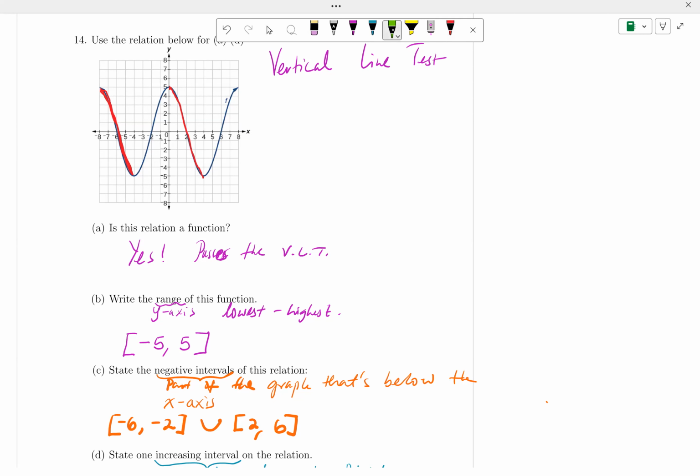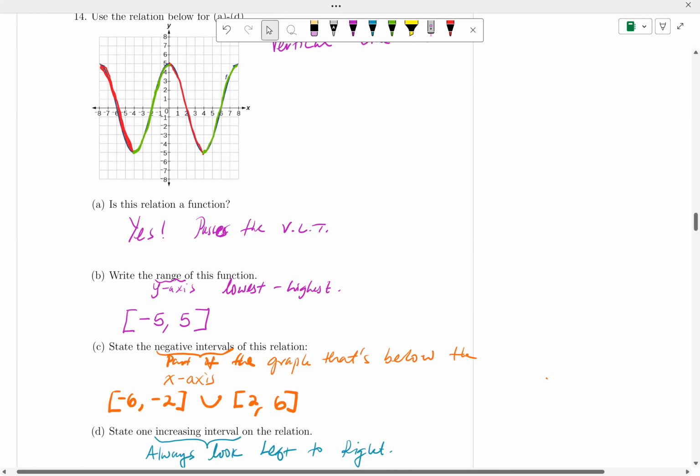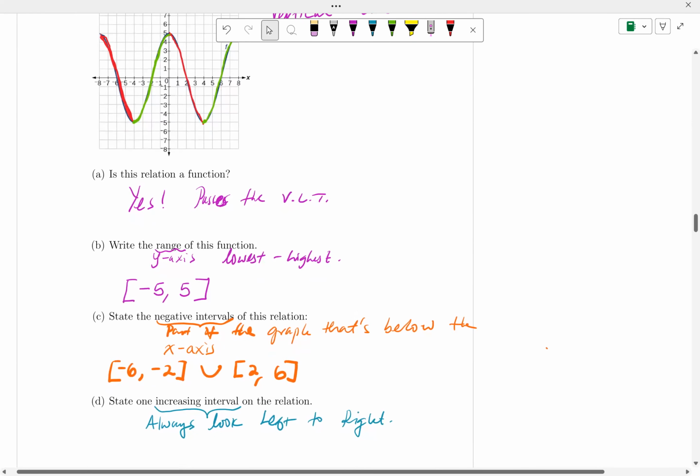On the other hand, if I start moving along the graph here, you see that it's rising. So that graph is increasing in that interval and also increasing in this interval right here. As you read the graph left to right, the green portions are increasing, the red portions are decreasing.